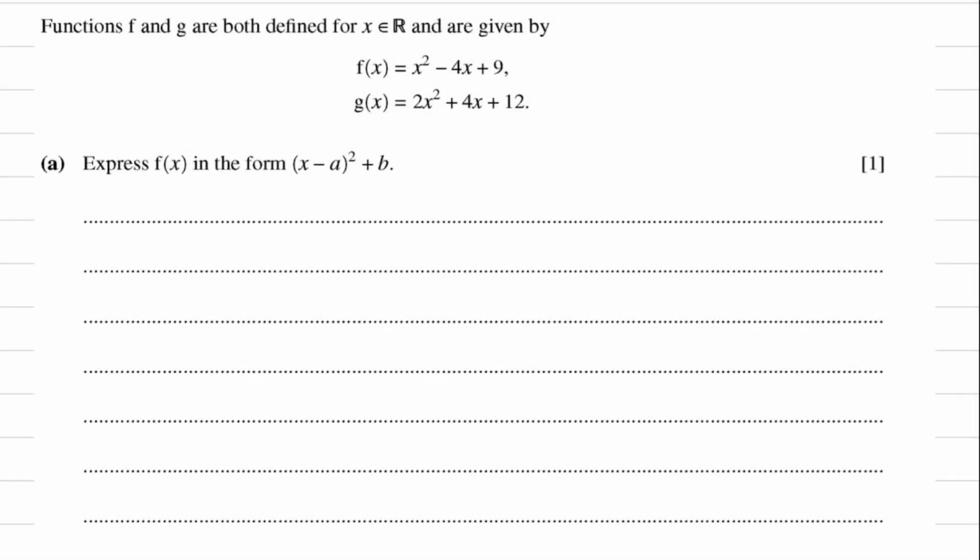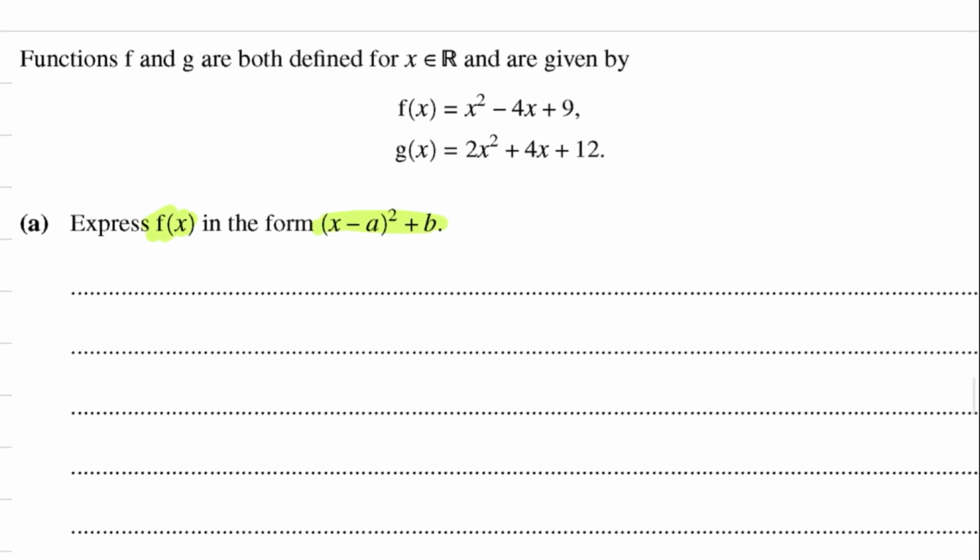Okay guys, so let's look at this question. This is all algebra. So we have two functions, f(x) and g(x), and we want to change our f(x) into this form, which is the completed square form. So let's do it. This is our f(x). f(x) equals x squared minus 4x plus 9. So we do completing the square.